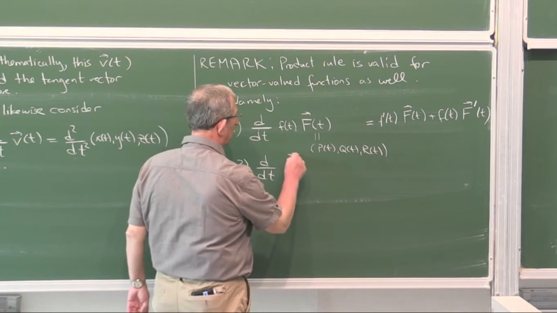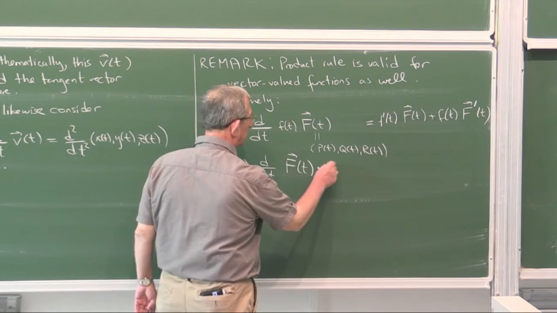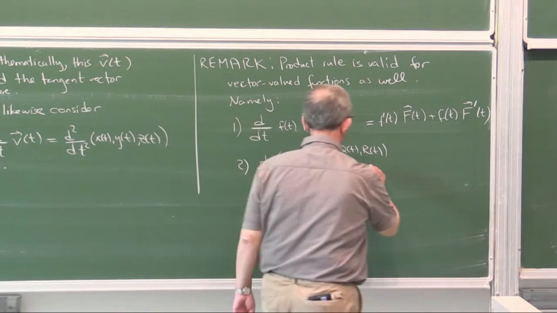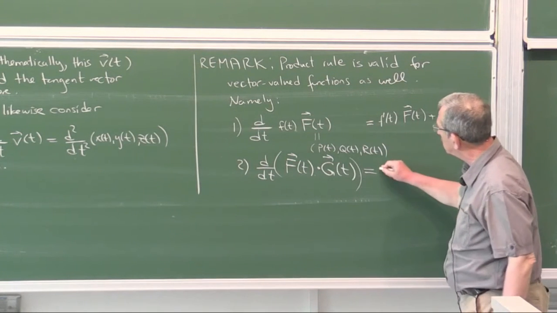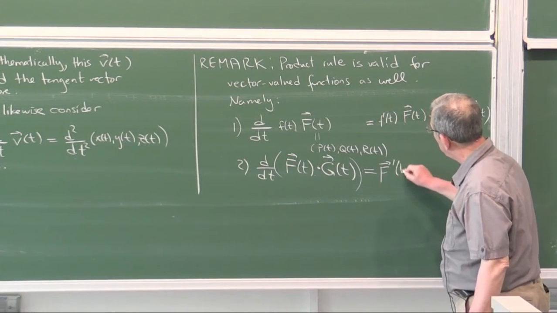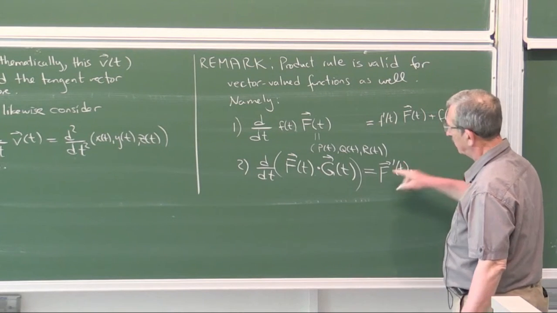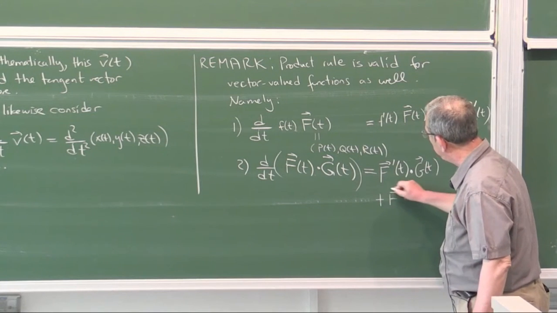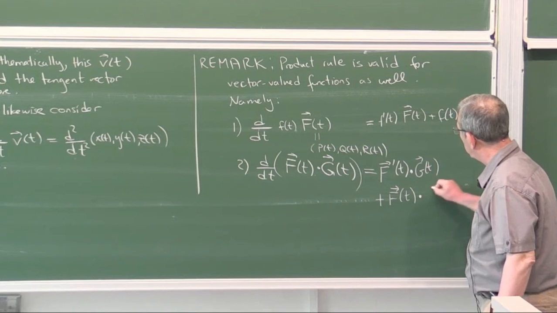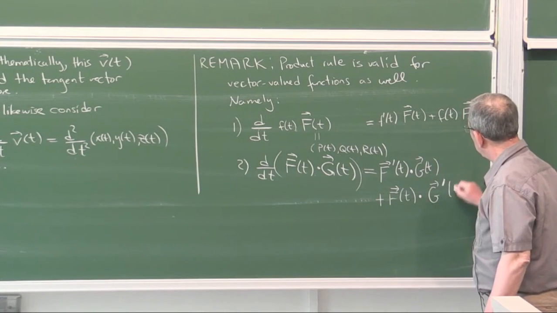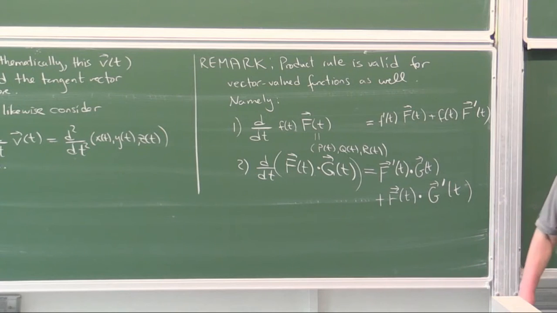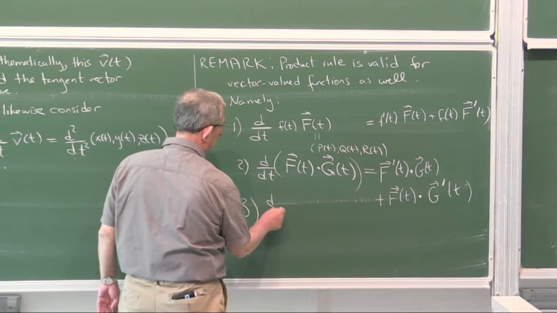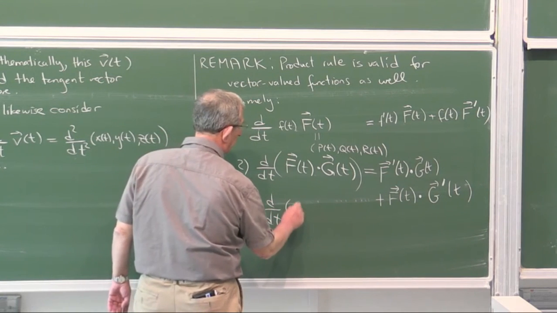So if you multiply two vector valued functions in a dot product fashion, what you get, of course, is the derivative of the first one dot, because this is a vector now, the second one plus the first one dot derivative of the second one. The usual product rule is valid. The same is true if you take the derivative of a cross product.